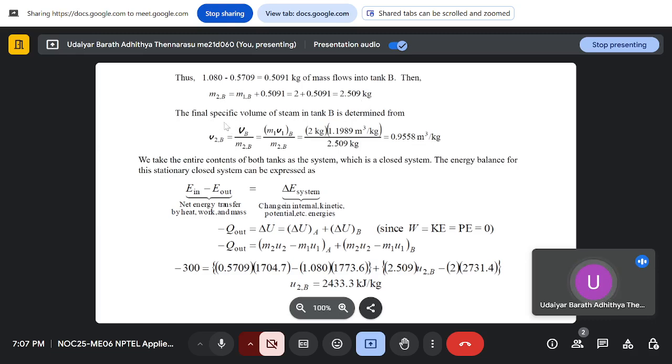So with this, the final specific volume of steam in tank B can be determined. So v2 is the volume of tank B divided by the mass at state 2. So 2 into 1.1989 divided by 2.509 gives me 0.9558 meter cube per kg. So that is the specific volume at state 2 for tank B.